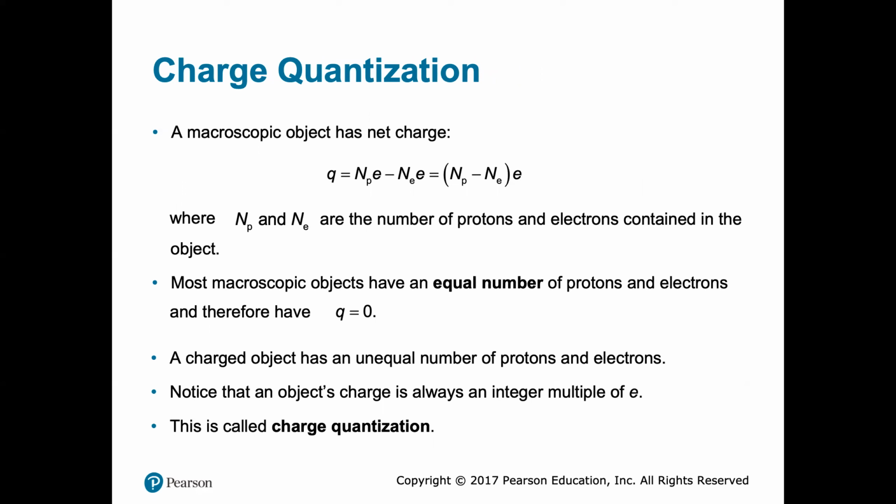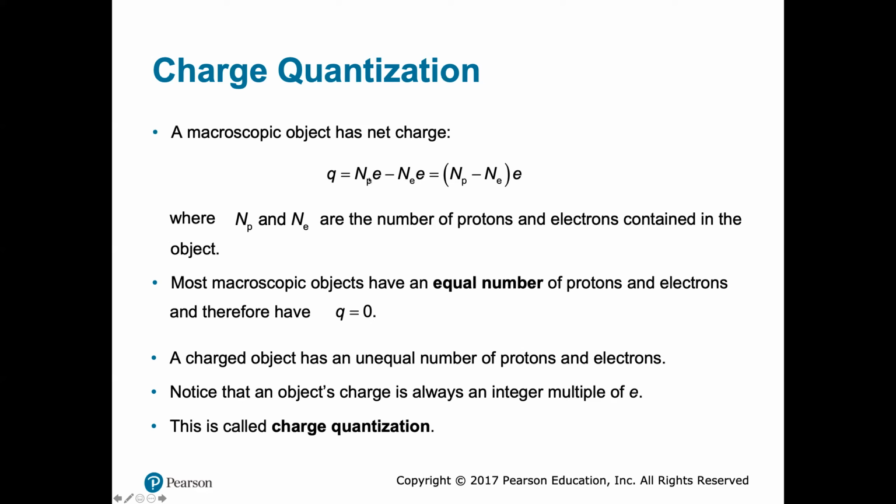Now let's quantitatively introduce the magnitude of charge for protons and electrons. First of all, a macroscopic object has a net charge of Q equals N_p times e minus N_e times e. Here, N_p means the number of positively charged elements, or the number of protons, and N_e means the number of electrons.